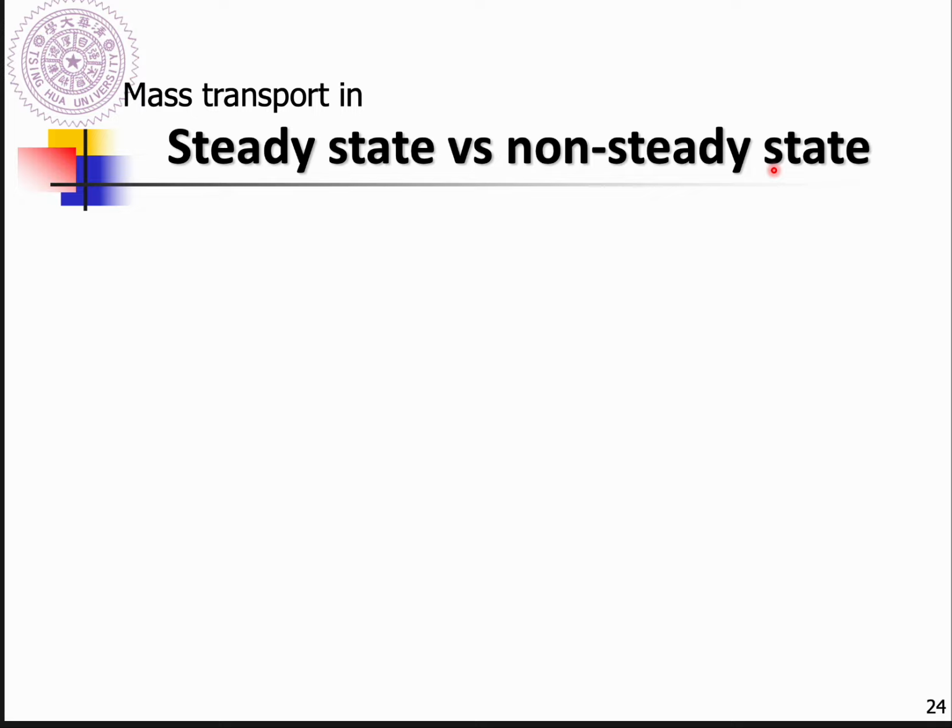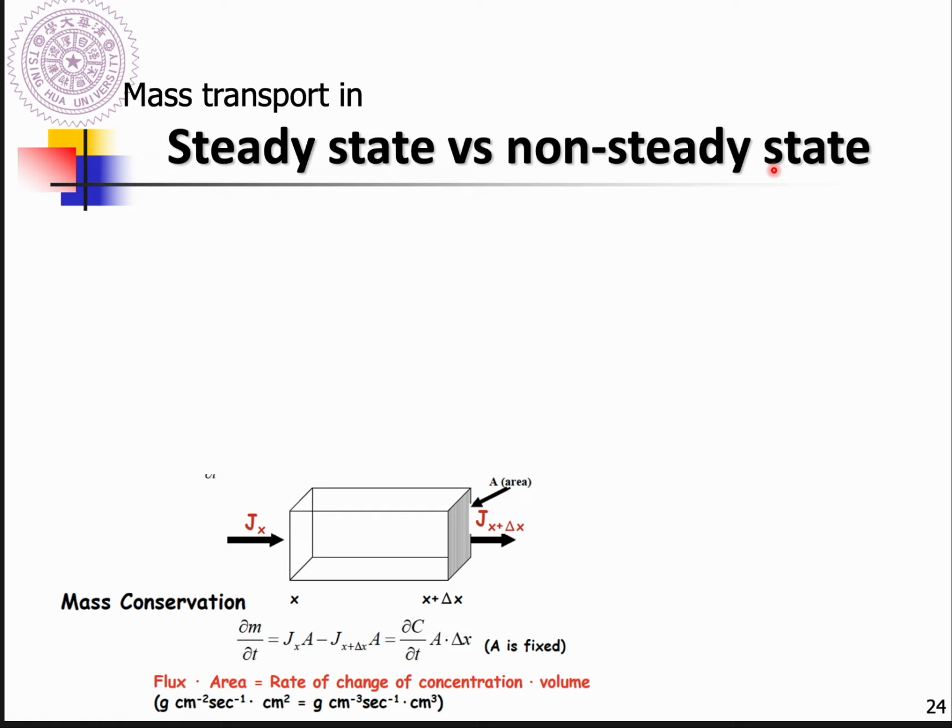I believe you know Fick's first law, so my question is, can you derive Fick's second law? Fick's second law is actually derived from mass conservation. So I'm going to give you a brief review of how to derive Fick's second law. Then we'll go back to explain this idea, right?